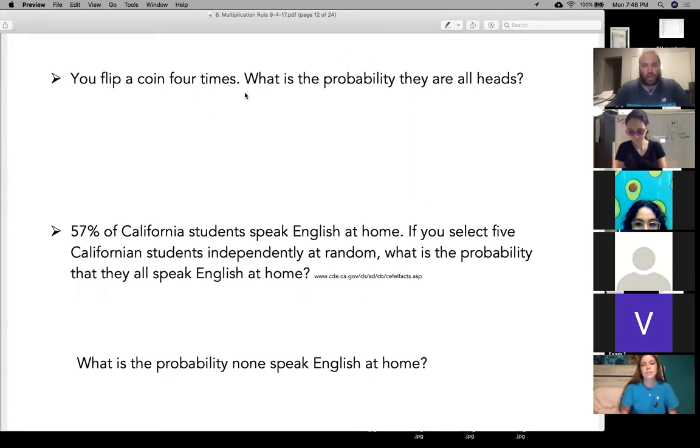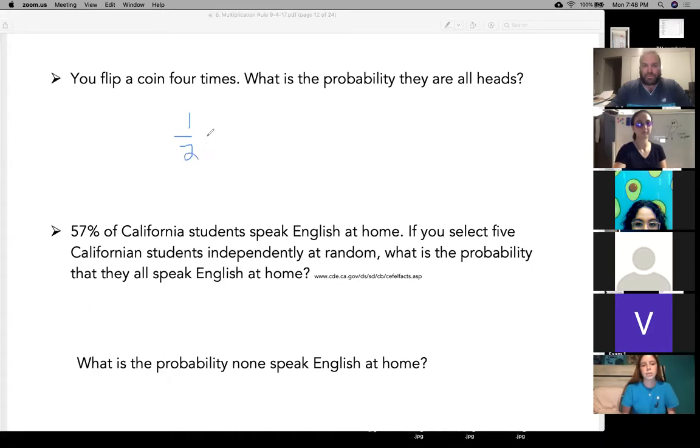So if I get all heads, the first flip, probability of heads is what? 1/2. Second flip, 1/2. Third flip, 1/2. Fourth flip, 1/2. And therefore, what is the probability that they are all heads? 1/16.